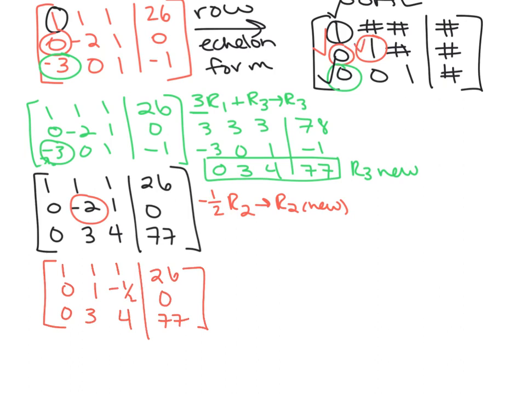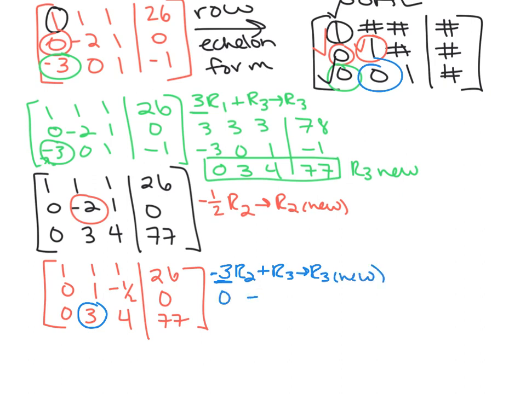Now we want to change this 3 here into a 0. So let's do that next. Now the way we'll change that 3 into a 0, we're going to multiply our second row by negative 3. So if I multiply the second row by negative 3, and I add it to the third row to get my new third row. So let's do it.